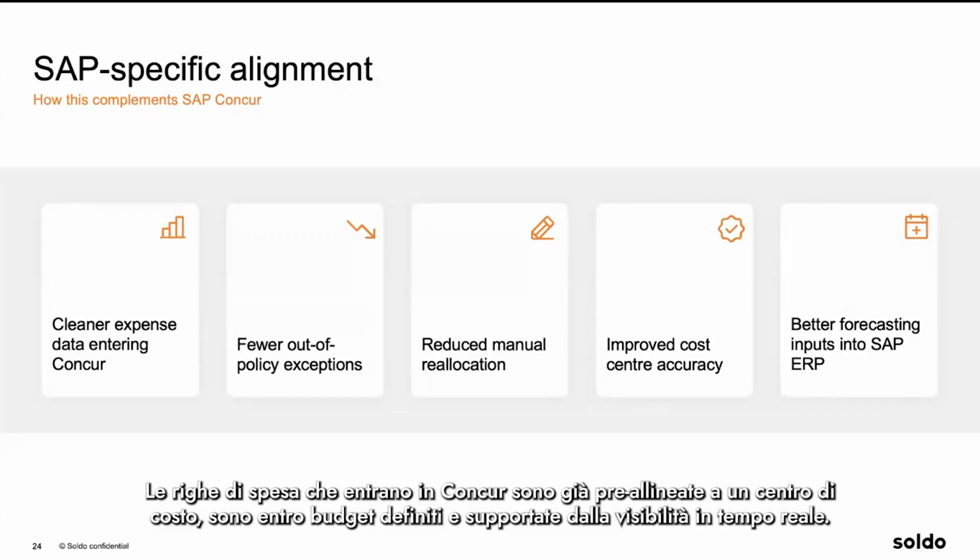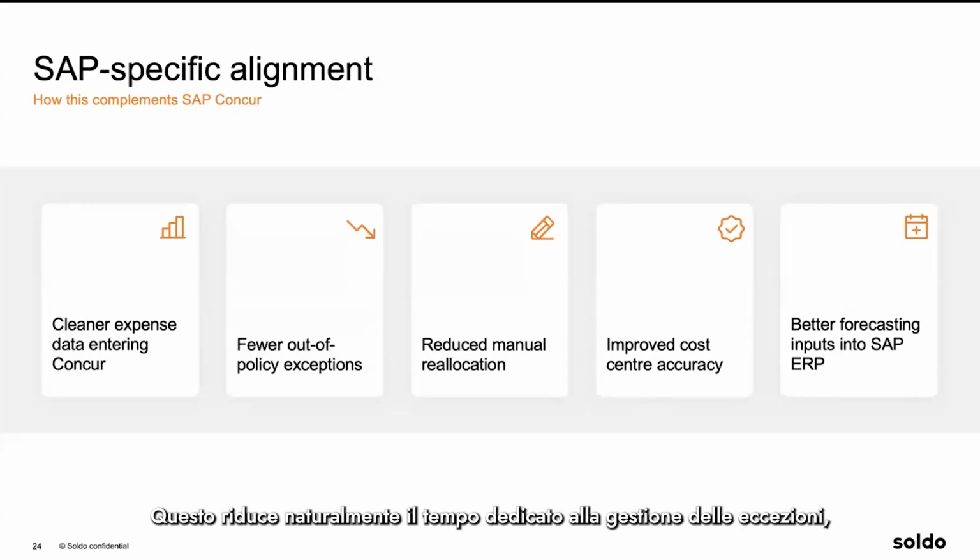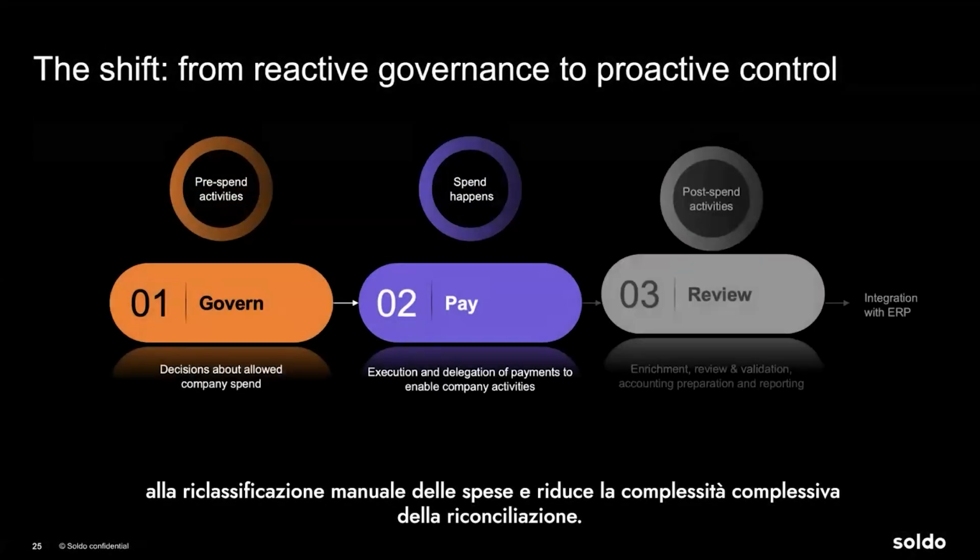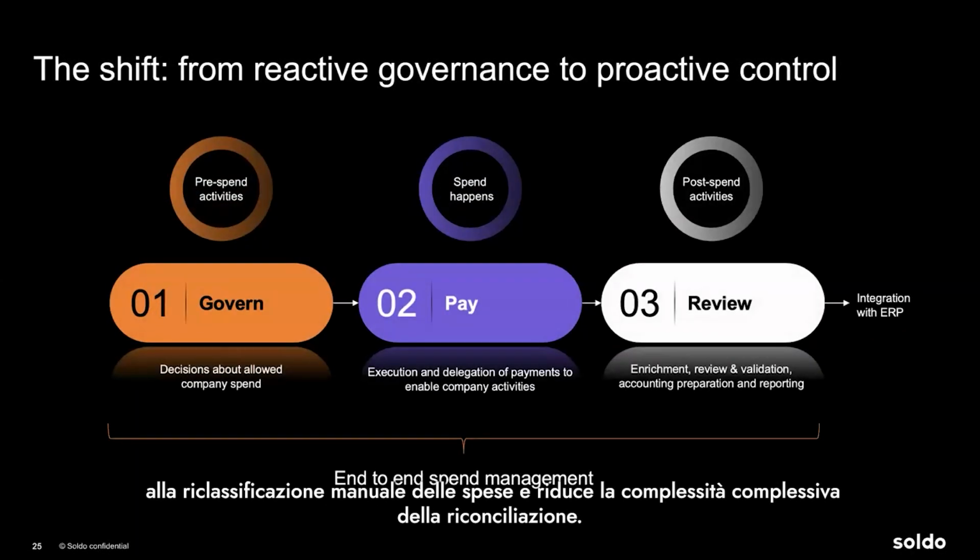What that reduces is, of course, the amount of time that you spend handling exceptions, reclassifying expenses manually, and reducing the complexity of reconciliation overall. And then when data flows from Concur into SAP's ERP or SAP S/4HANA, forecasting inputs get stronger because the exposure was visible earlier. So the shift that we're talking about is shifting from reactive governance to proactive control.